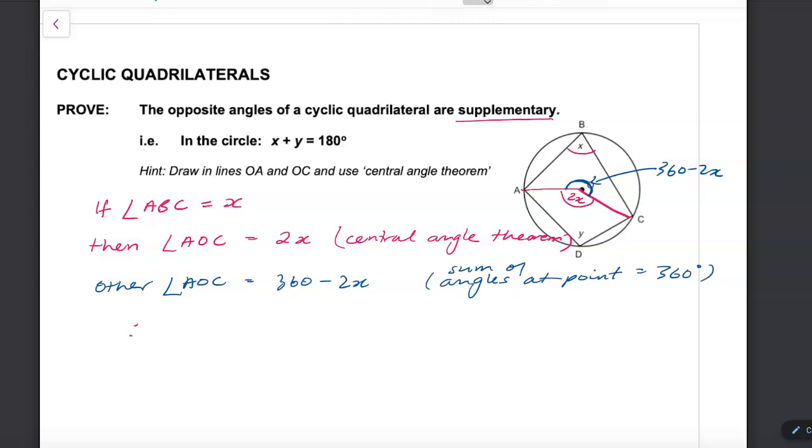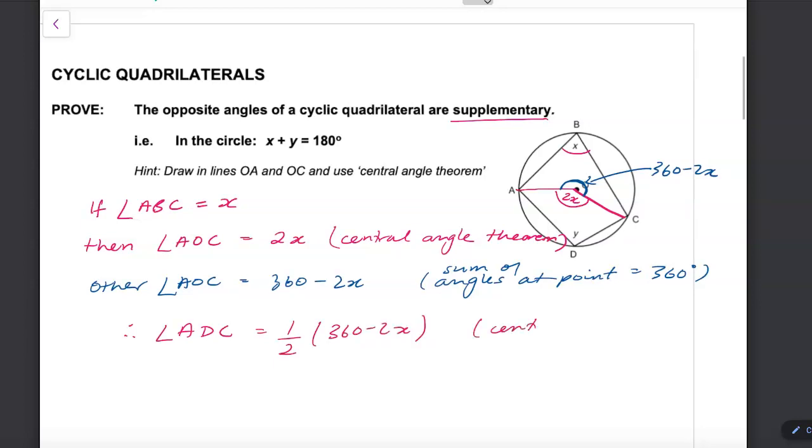What this means is that angle ADC is going to be half of 360 take 2x, using that central angle theorem.